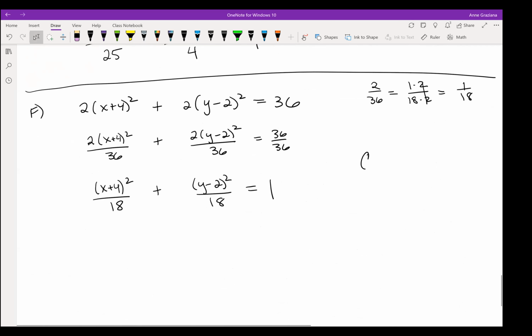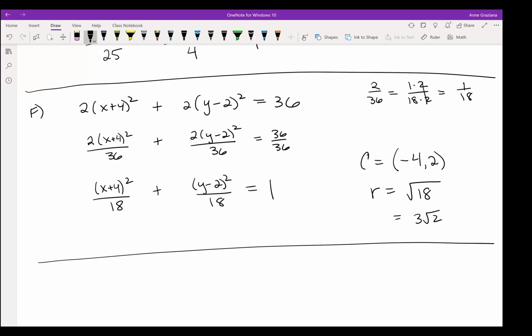So my center here is (-4, 2), and my radius is going to be the square root of 18, which you could simplify. It's going to be 3 square root of 2, but that's fine. Okay, questions? So a circle is just a special ellipse where the points are all the same distance. Your A and B are the same, you get a radius.